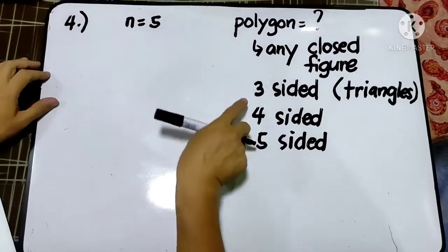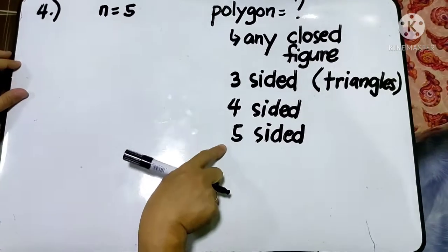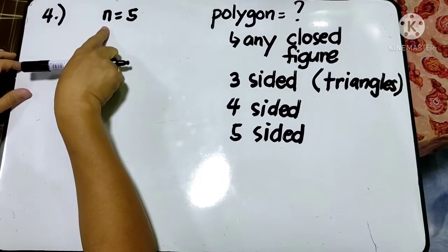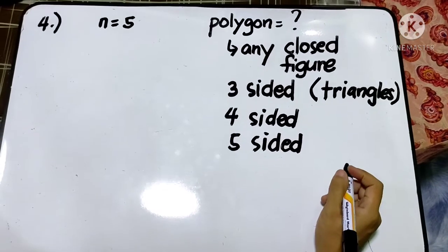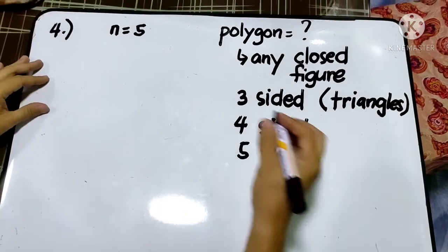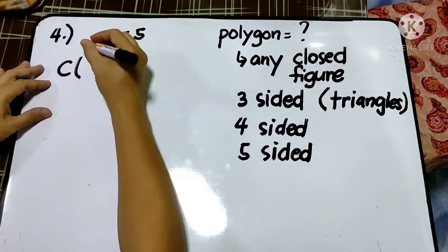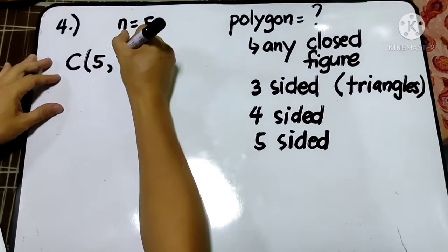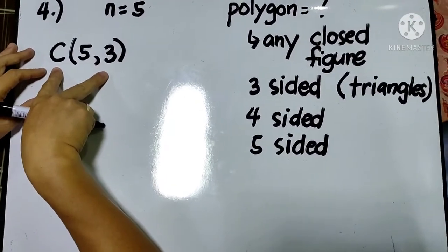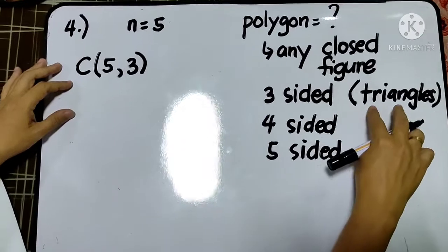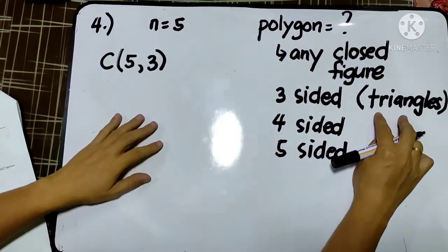So a polygon will start from 3 sides, going up until it is now equal to the number of points given. So in this case, you can have the combination of 5 taken 3. Ito yung solution mo kapag you want to determine the number of triangles that you can form out of the 5 points.